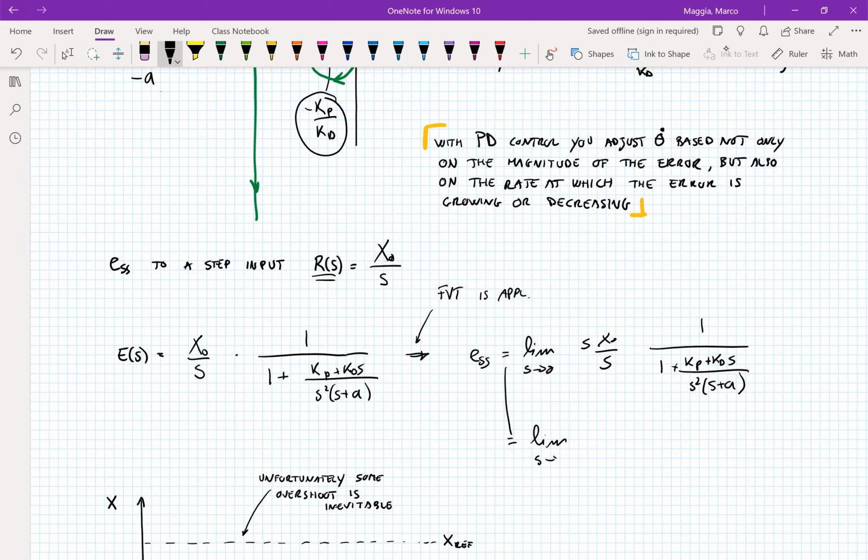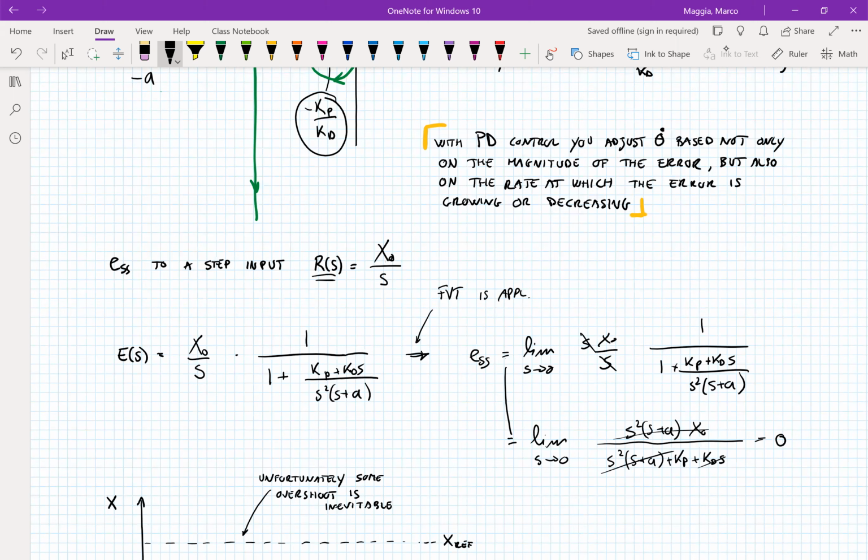Rearranging a little bit, this goes away with this. We have S squared times (S plus A) times x0 over S squared times (S plus A) plus Kp plus Kd S. And so now if S goes to 0, this goes away, and this all goes to 0.